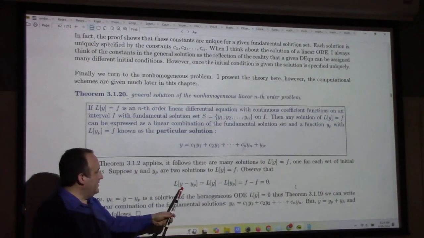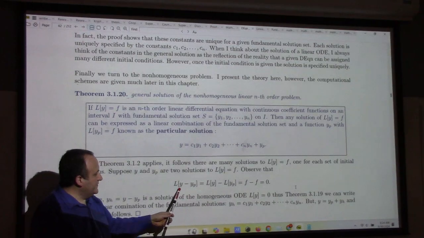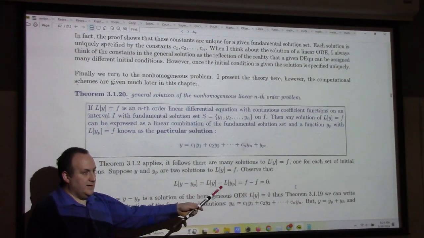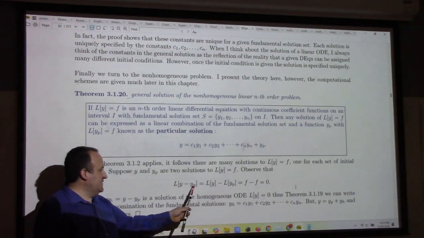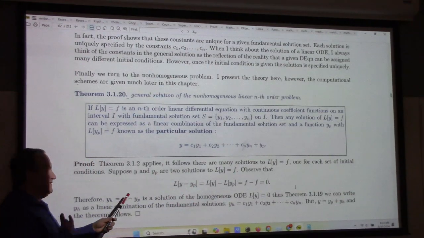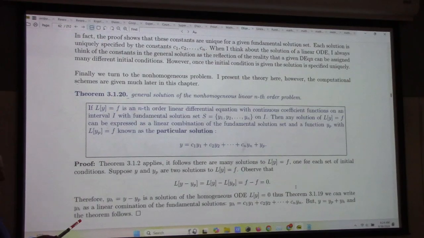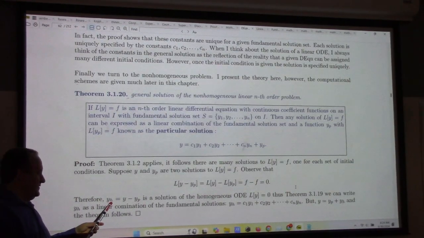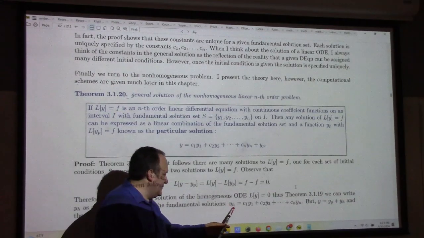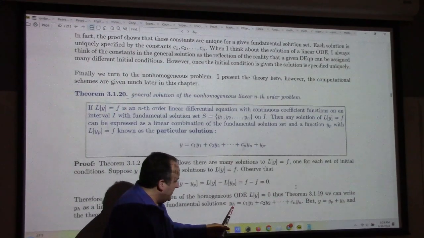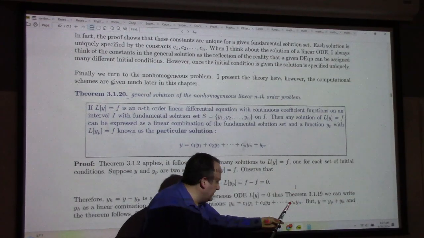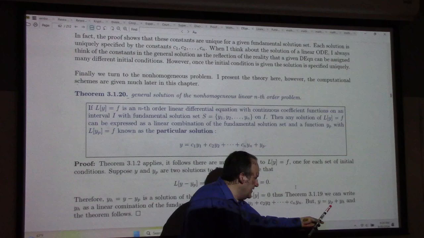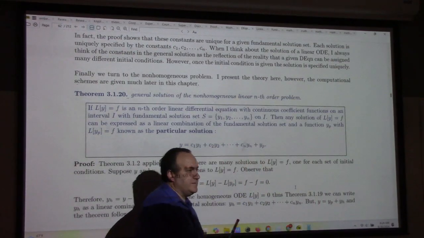That means that the difference between your two solutions is actually a homogeneous solution. Since this is a homogeneous solution, it can be expressed as a linear combination of the fundamental solution set, we just call it y_h. And so in general, your solution has the form particular solution plus homogeneous solution.